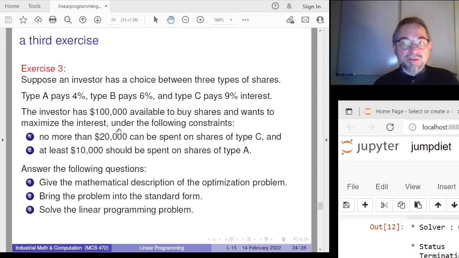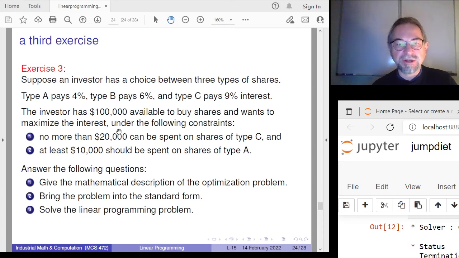Okay, here is another modeling problem in the investment. So you have some money to invest. Some types of investment are more worthwhile than others, but you also have constraints.